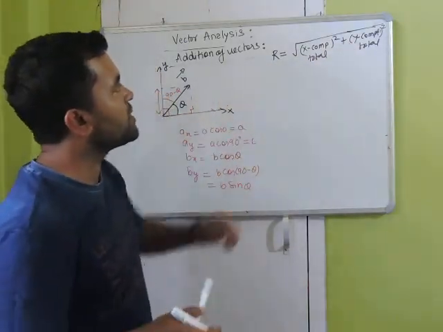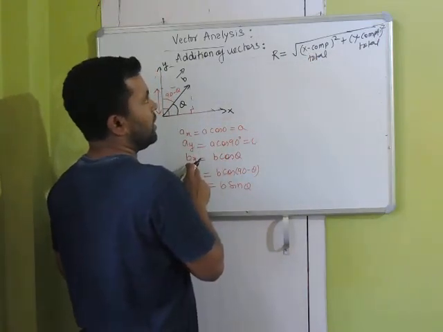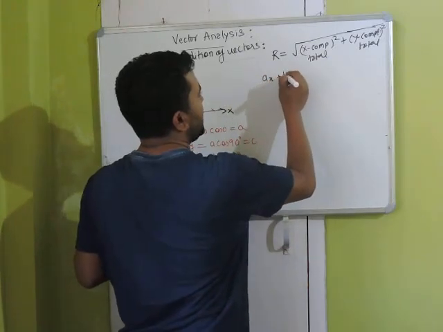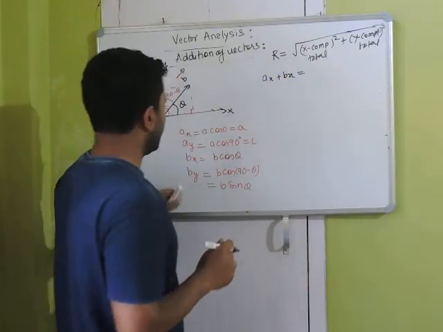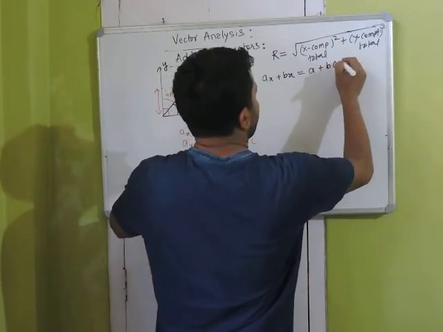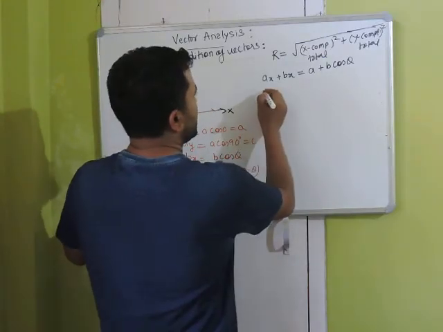So if I go by this method, how much is the total x component? Ax plus Bx, which is A plus B cos theta. And how much is the y component?